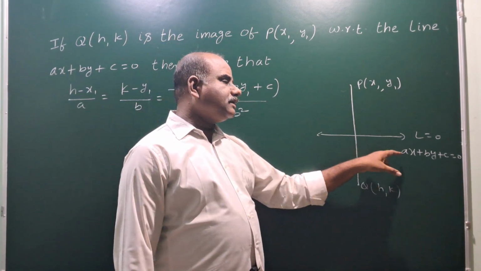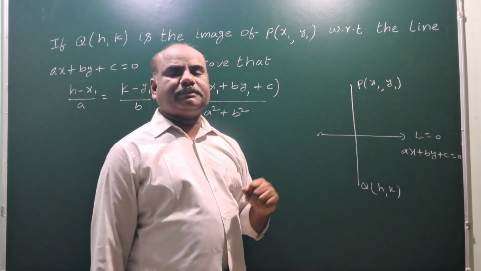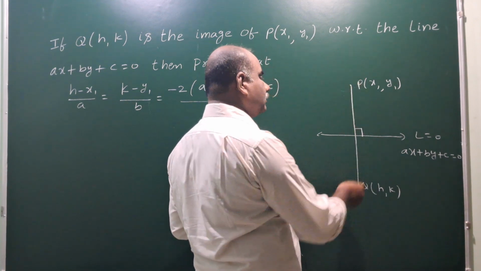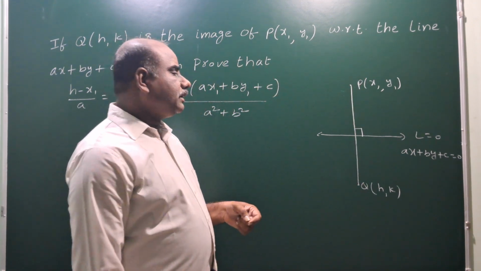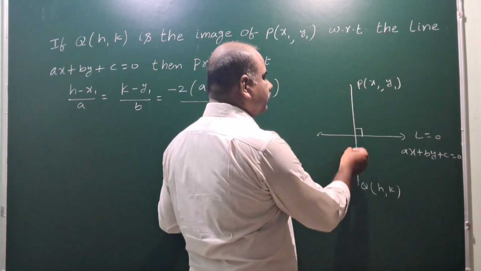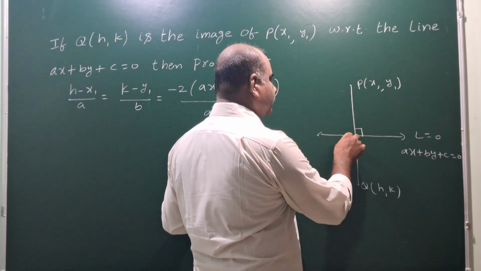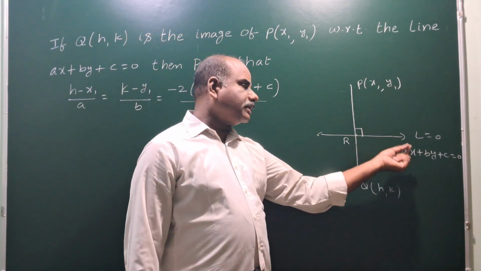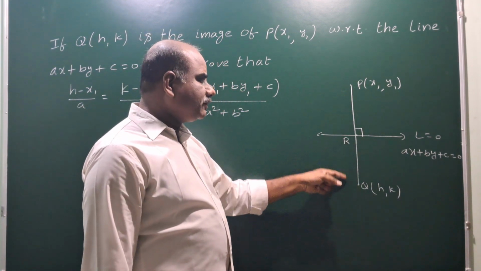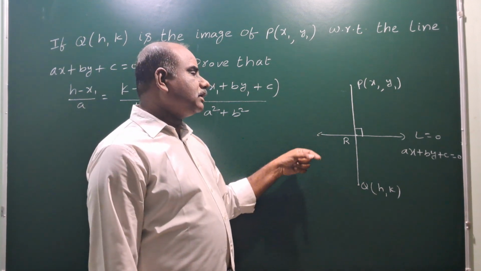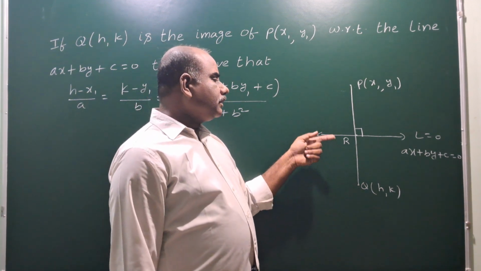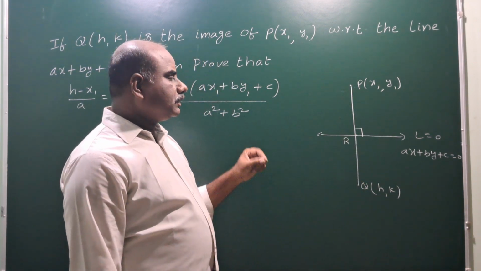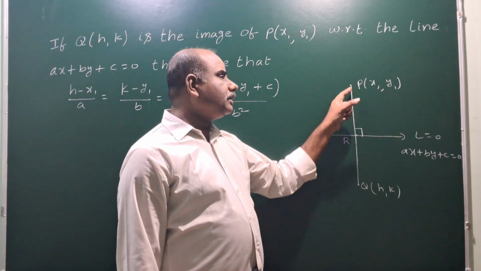Perpendicular bisector, that means it is perpendicular to the line segment PQ, and also it bisects the line segment PQ at this point. Let us say this point is taken as R. That means it divides the line segment PQ into two equal parts. Then R is said to be the midpoint of PQ.